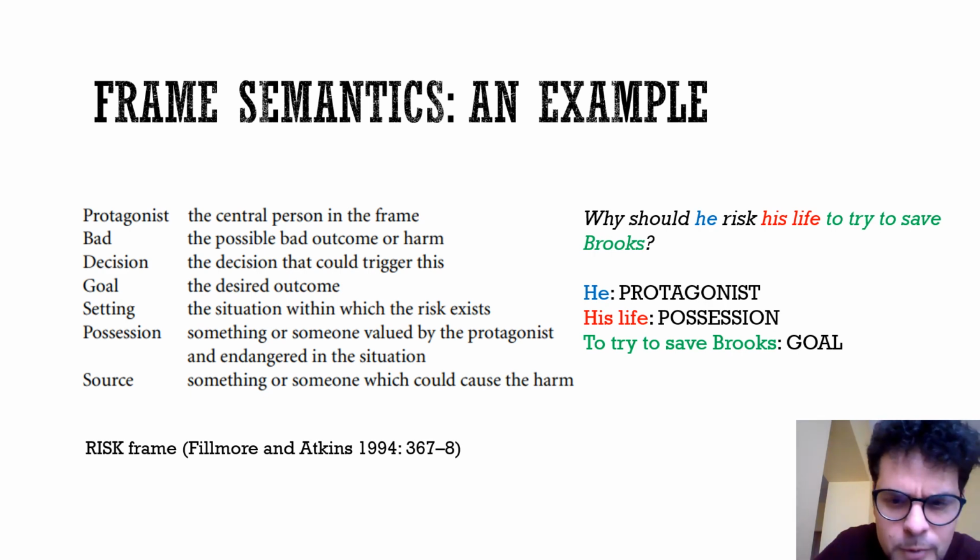Of course, different frames have different kinds of elements, but this is a way to make sense of language. It's a top-down approach to language, if you like, because we try to see how a sentence derives from a general frame, so from a general idea.